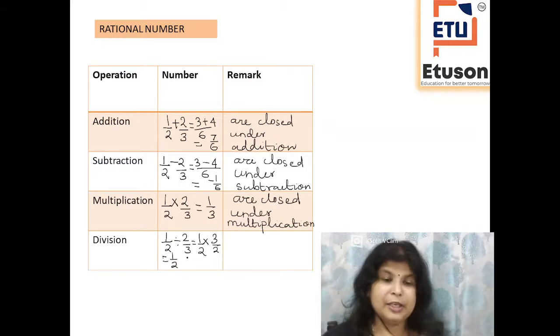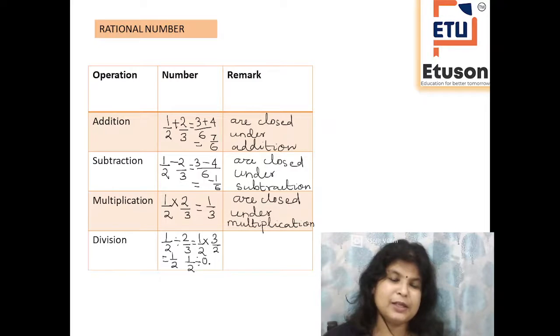But if you do 1 by 2 divided by 0, what is the answer? It is undefined, right? So you have to say that rational numbers are not closed under division.